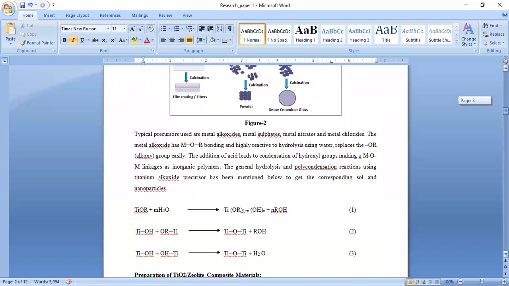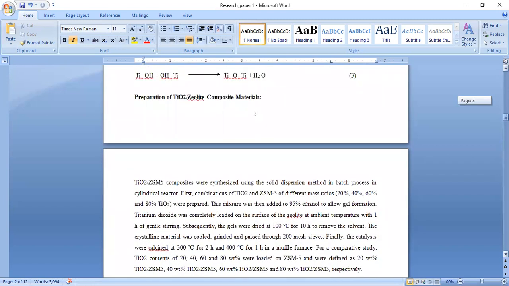So the catalyst here is prepared by this simple dispersion method, titanium ZSM5 composite at different concentrations, 20, 40, 60%. So first the combination of these different ratios has been prepared, and in ethanol, the gel formation of the titanium was completely loaded on the surface of the adsorbent at ambient temperature for 1 hour stirring.